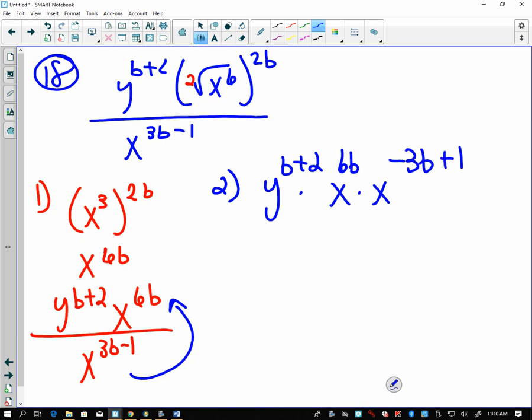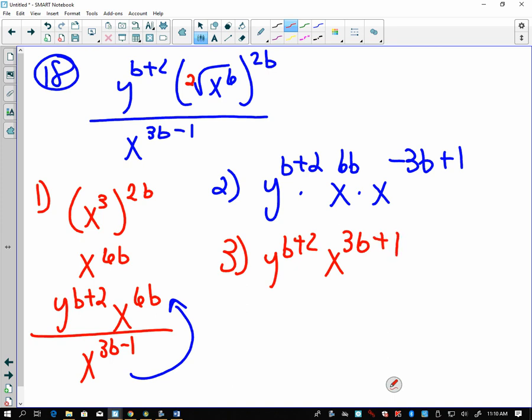Now, there's multiplication through here, so what happens to the exponents of the x's? Add them. So if I'm looking at step 3 here, I got y to the b plus 2, x, so I've got 6b minus 3b. What am I left with? 3b. Is there anything to affect the plus 1?